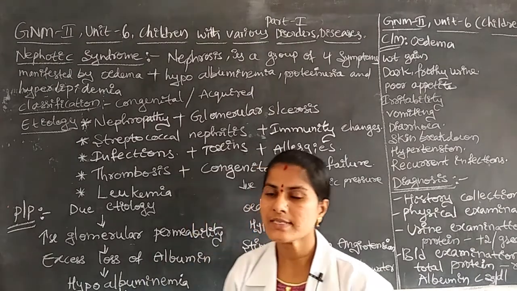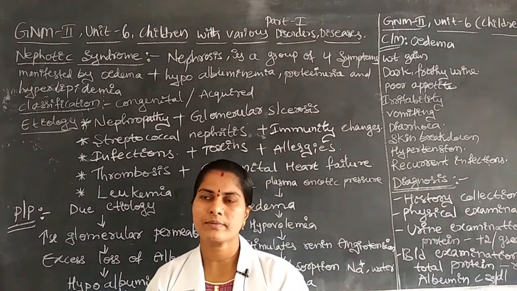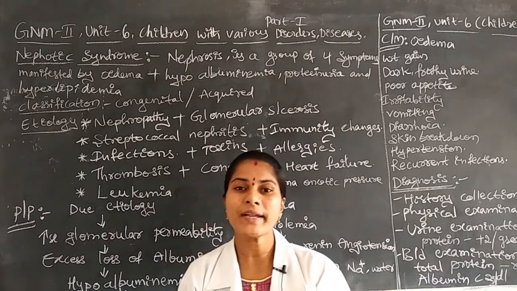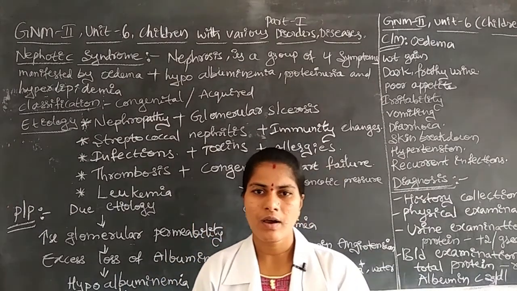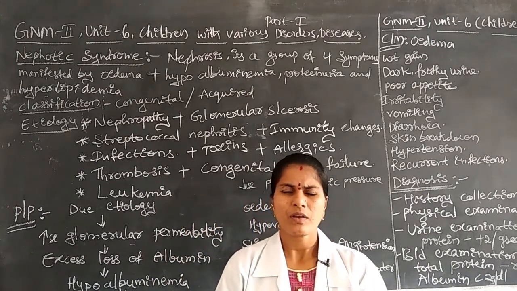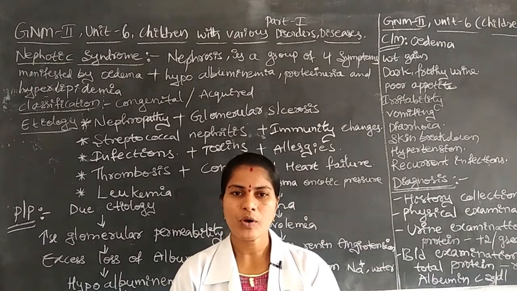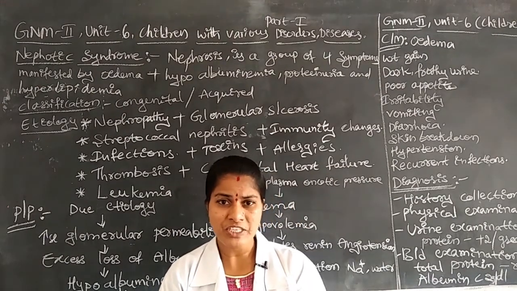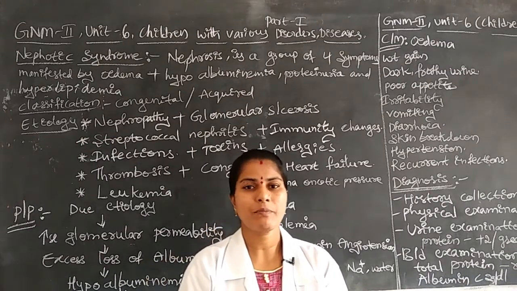Another one is secondary nephrotic syndrome. It is caused by some type of acquired condition, meaning poor personal hygiene, or the child not maintaining good immunity power, or systemic infections. If any system in the body has an infection, the infection may spread, metastasis meaning from one part to another part.